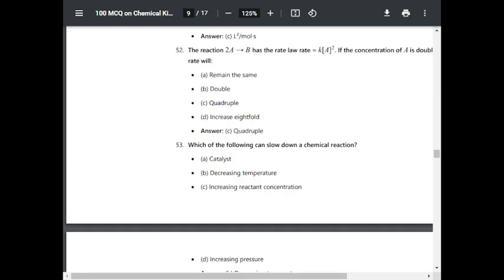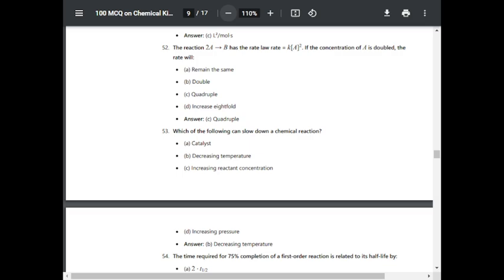Question number 52. The reaction 2A gives B and has the rate law equal to k[A] squared. If the concentration of A is doubled, the rate will be option A remains same, option B double, option C quadruple, option D increased eightfold.